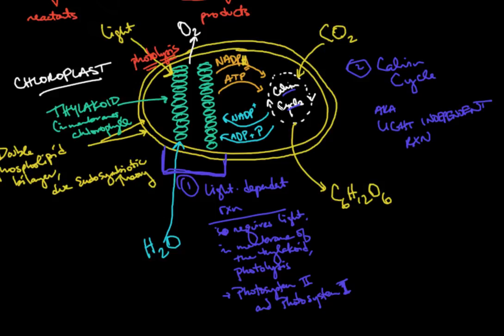Because it does indicate that it doesn't use light directly, but it does need NADPH and ATP, which are byproducts of the light-dependent reaction. So if a chloroplast were to go for long periods of time without light, then the NADPH and ATP would be used up, and therefore the light-independent reaction wouldn't be able to move forward because it needs things from the light-dependent reaction.